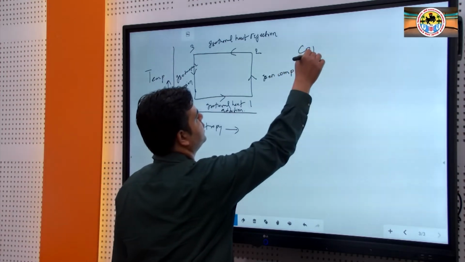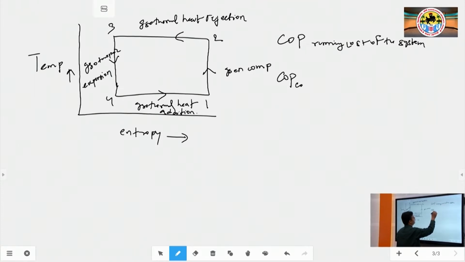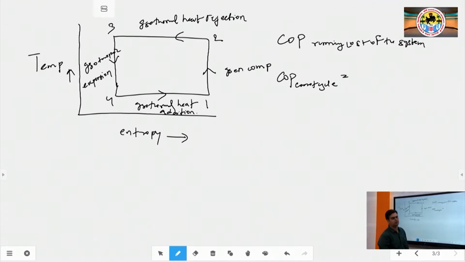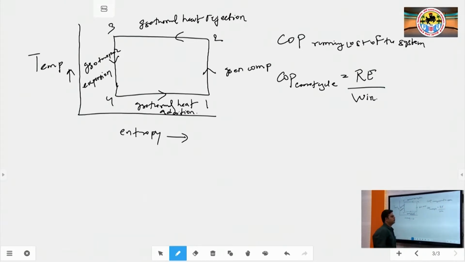So, the COP for the reverse Carnot cycle is the refrigeration effect upon work input. What is the refrigeration effect? It is the amount of heat extracted from the storage.